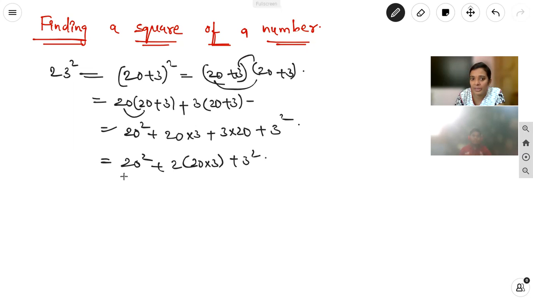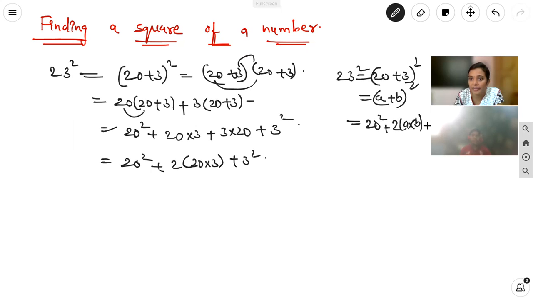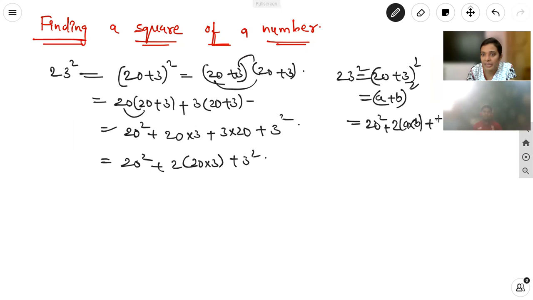Here the number 23 can be written as 20 plus 3, which is in the form of (a plus b) whole square. (a plus b) whole square means a square, plus 2 times the product a into b, plus b square.